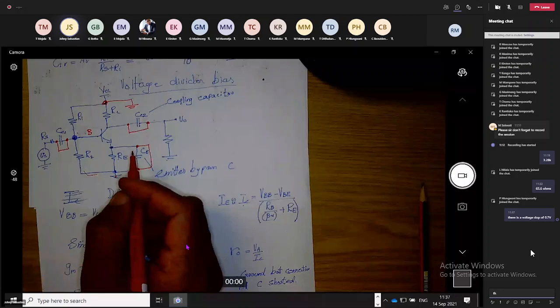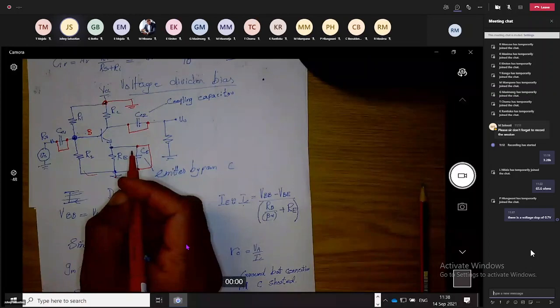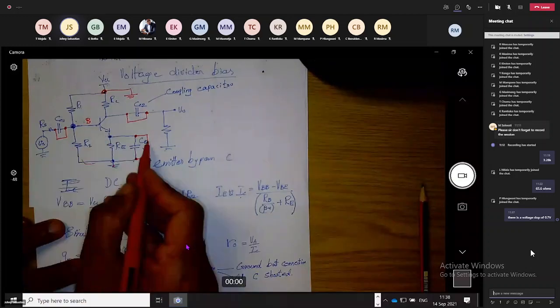Tell me the name of it. R pi. There is an R pi between base and emitter. You reach the emitter. From the emitter, there is a short circuit going to ground. And tell me what is between collector and emitter.